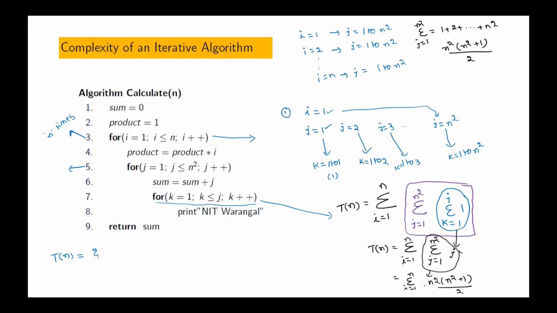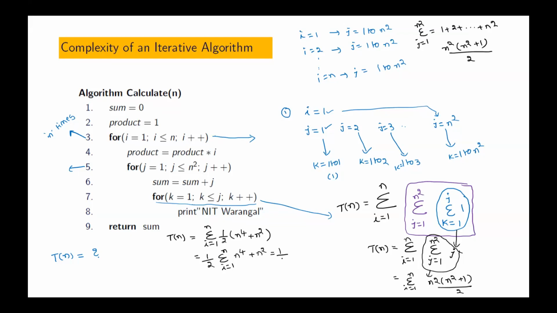Now this entire thing we can write as T of n equals 1 by 2 sigma i equal to 1 to n of n power 4 plus n square. Is that correct? Now 1 by 2 is independent of i, so we can take it outside.